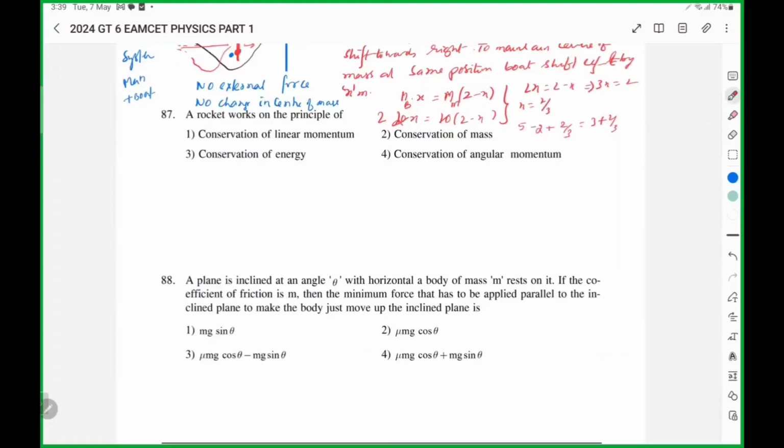A rocket works on the principle of conservation of momentum.